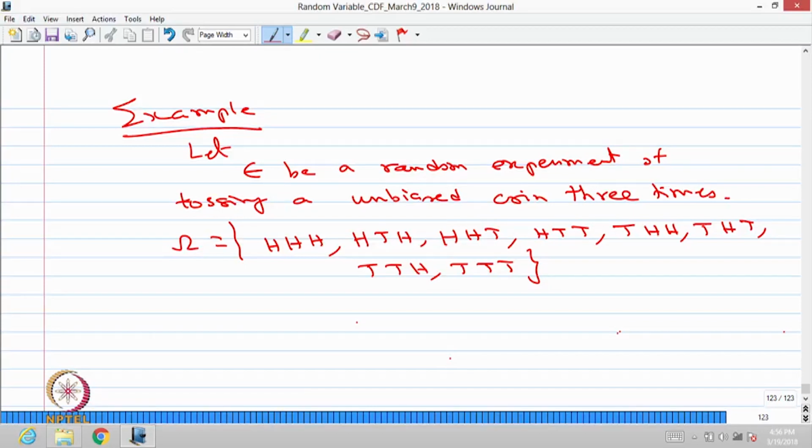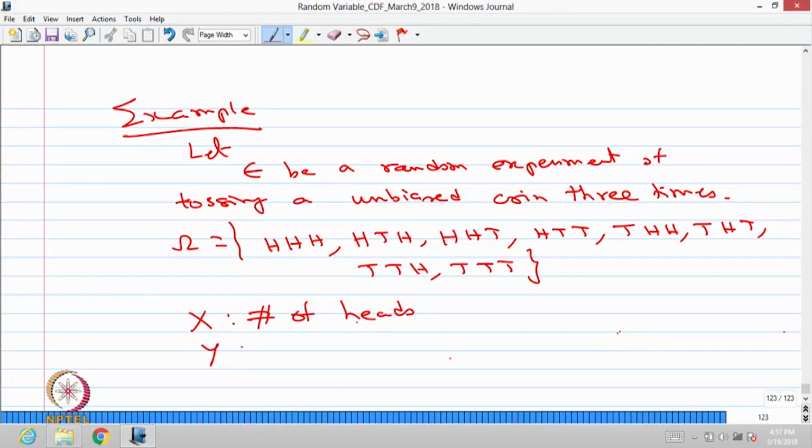Now, I am going to define 2 random variables in this random experiment, and our interest is to find the joint distribution of these 2 random variables. First, let me define the first random variable x as the number of heads in tossing an unbiased coin 3 times.